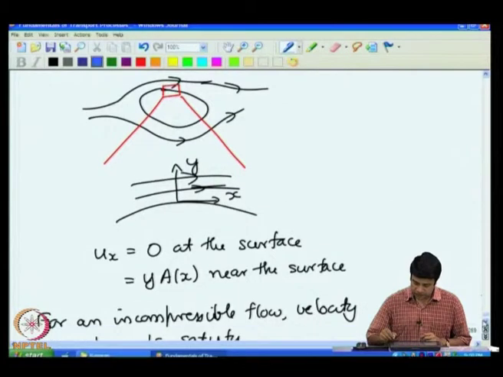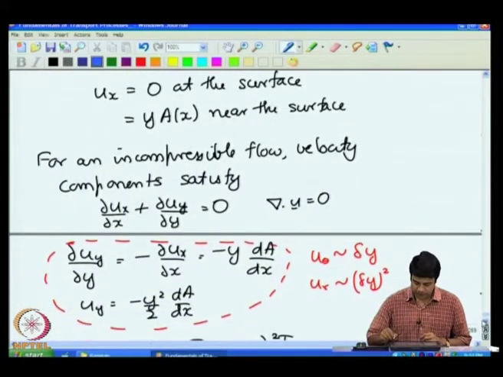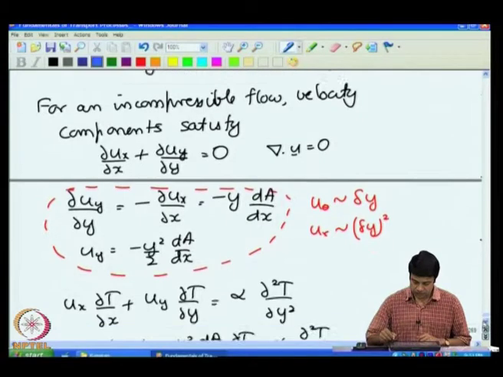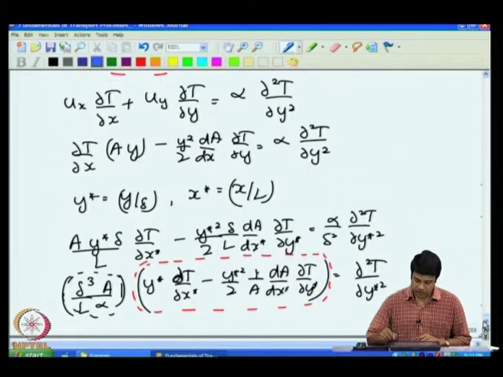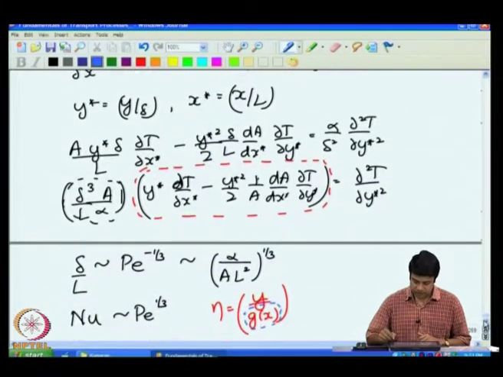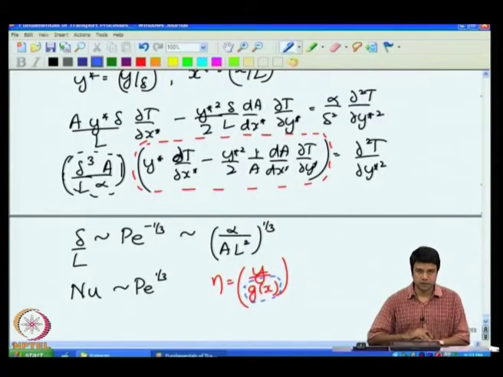From the mass conservation equation, the normal velocity has to go as y square. If you put in these dependencies of y and y square, you will end up with a boundary layer thickness that goes as Pe power minus 1/3. If the boundary layer thickness goes as Pe power minus 1/3, then it is inevitable that the Nusselt number will go as Pe power plus 1/3. Only the constant changes. The scaling of the Nusselt number with the Peclet number remains the same.